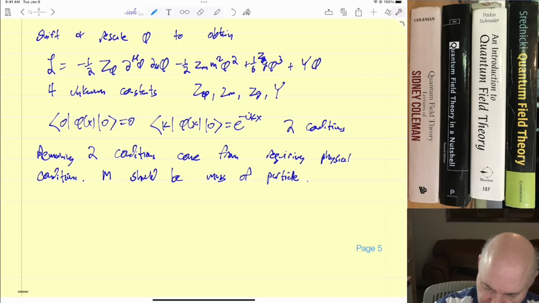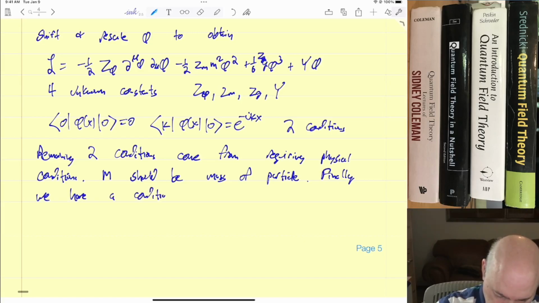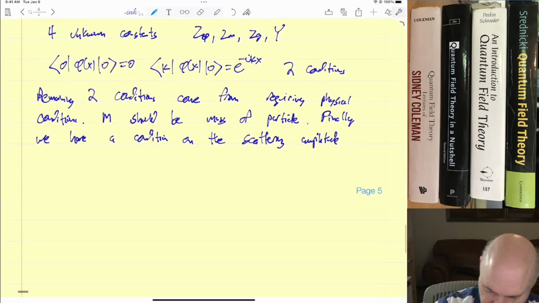And then the last condition is a condition on the scattering amplitude, so that it depends on g in a specific way.